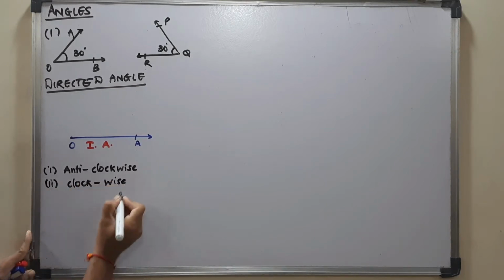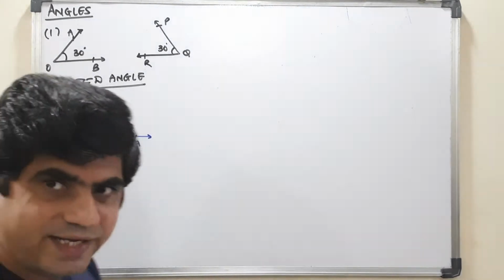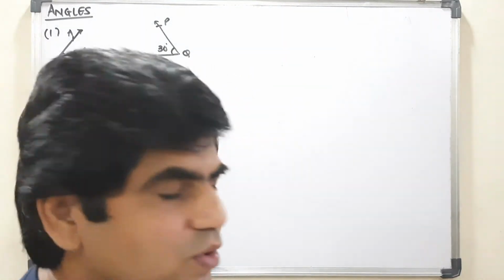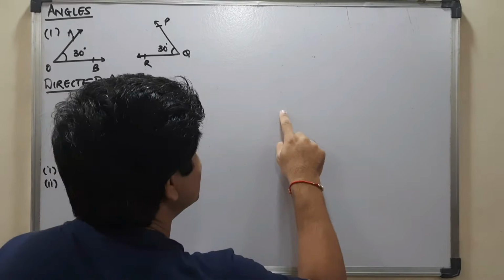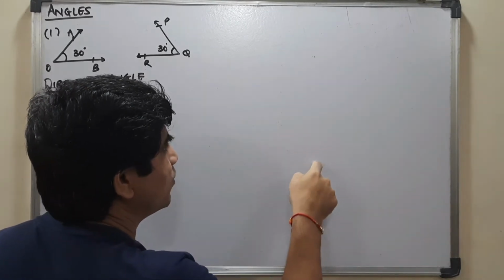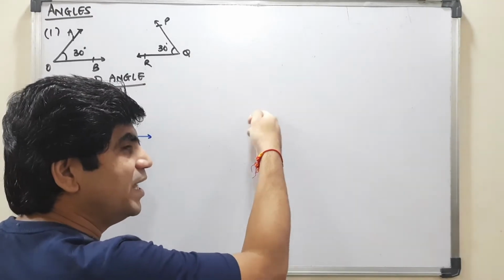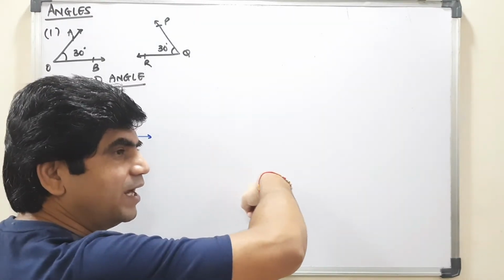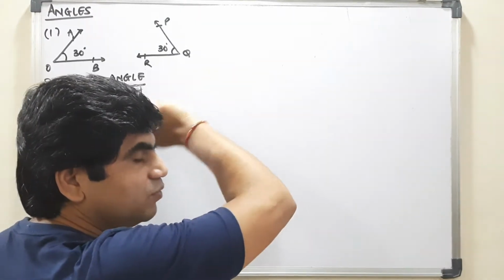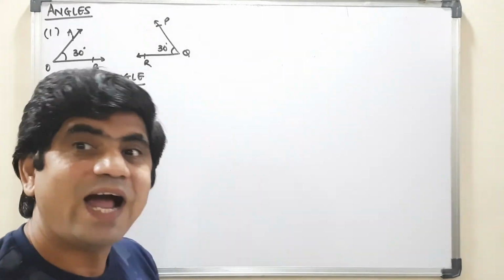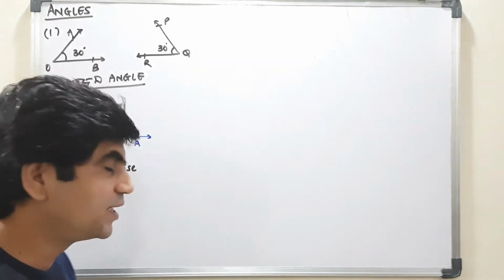Anti-clockwise means what? Clock, how does it go? 12, 1, 2, 3, 4, like this. This direction is clockwise. But 12, 11, 10, 9, 8, 7, 6, 5, 4, 3, 2, 1, that is anti-clockwise. So two directions are there.